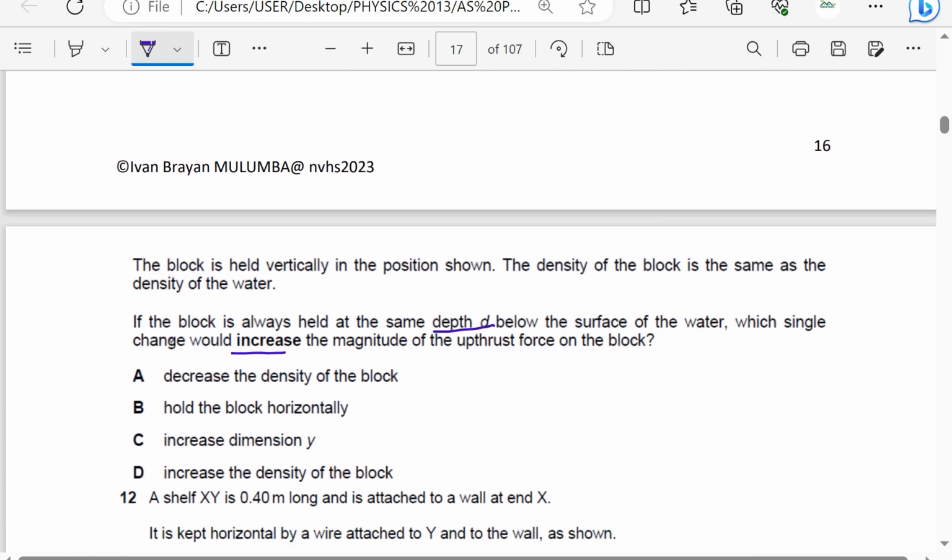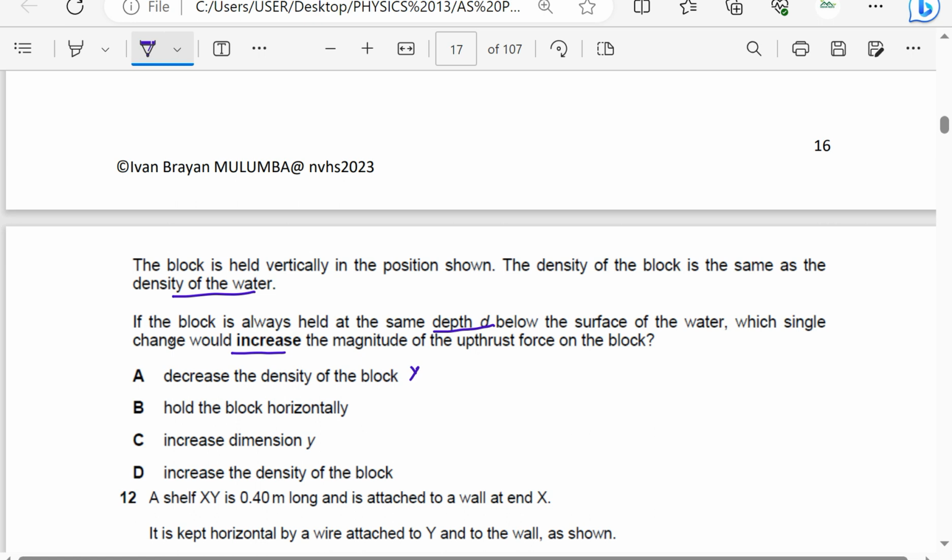Decrease the density of the block. Of course, if we decrease the density of the block, it will not be the same as the density of the water, so this one will affect the upthrust. Then hold the block horizontally.